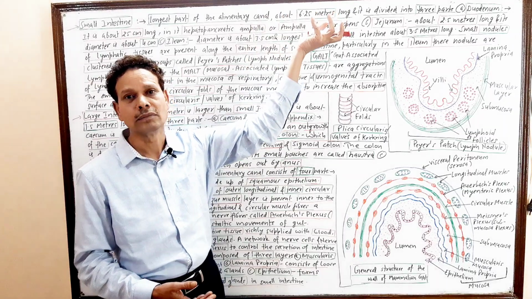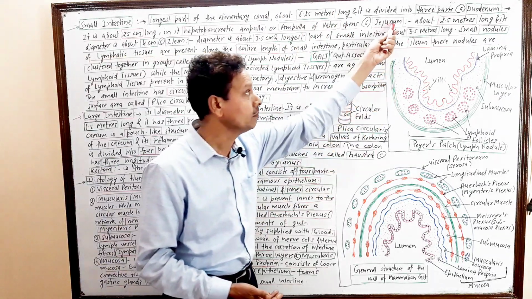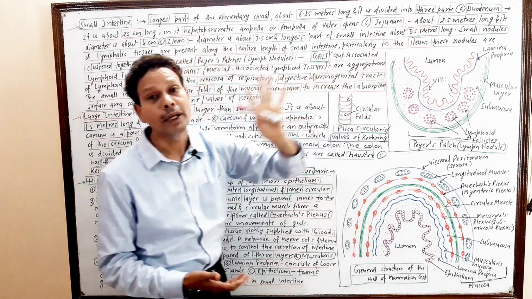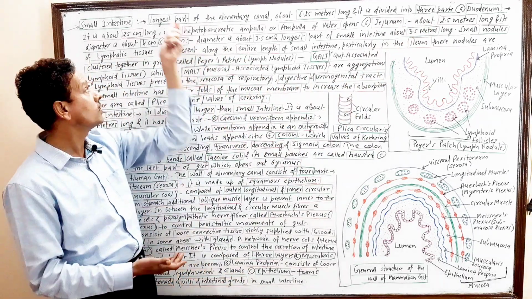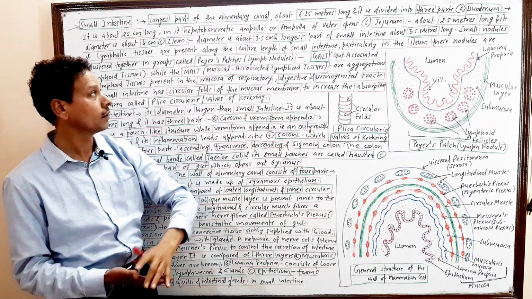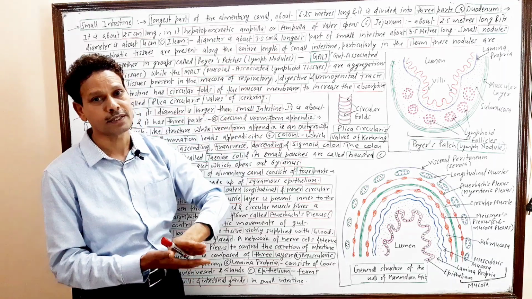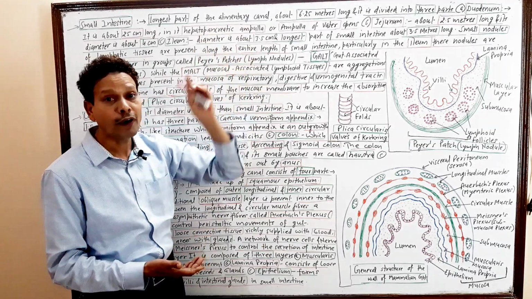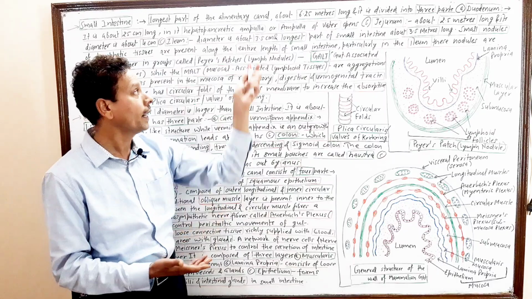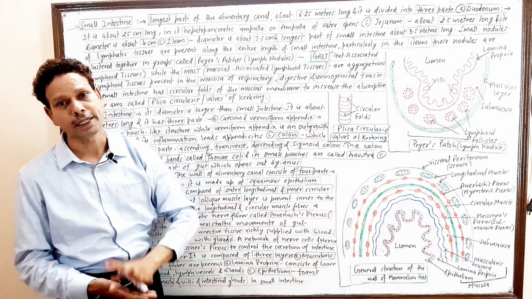Diameter of duodenum is 4.5 centimeter. Jejunum is about 5 meters in length and its diameter is 4.0 centimeter. While the ileum, its diameter is less, 3.5 centimeter, and its length is about 3.5 meters.